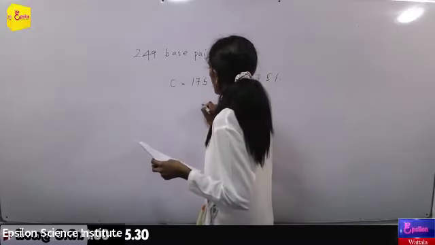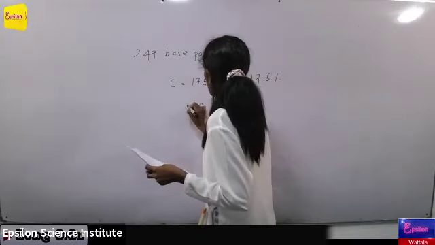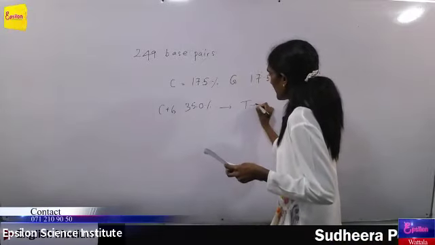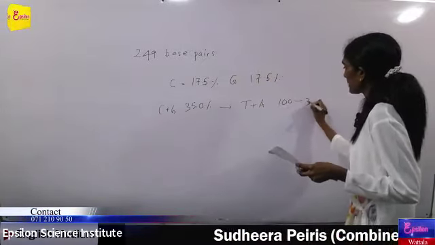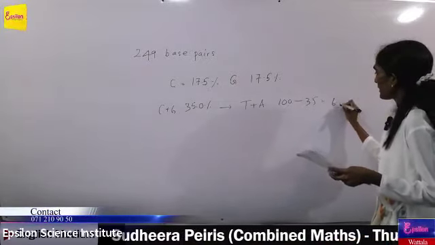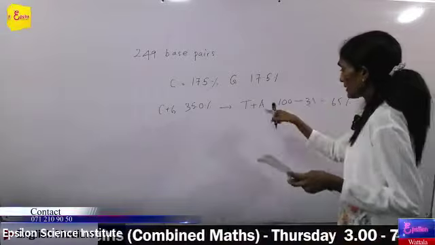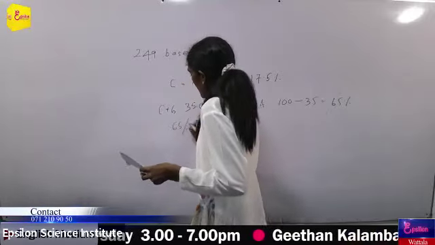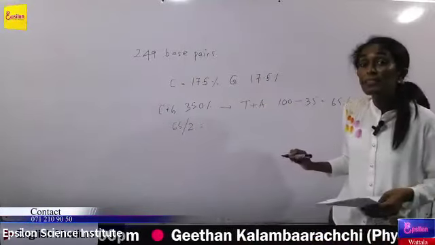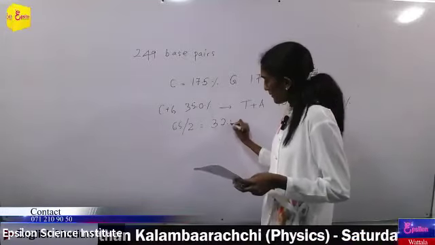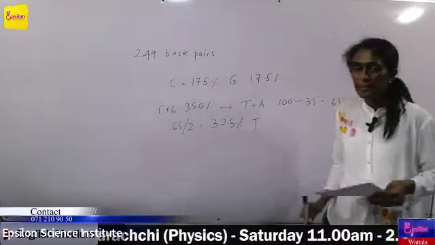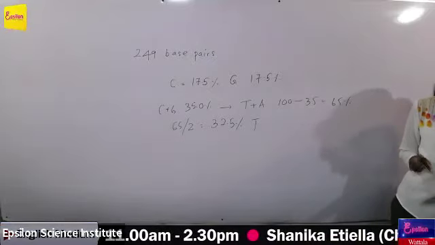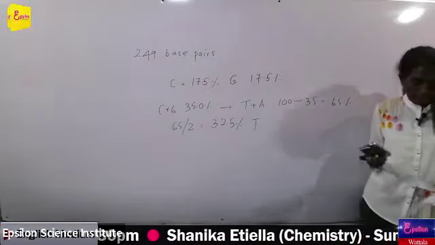If we add this together, you will get 35% C plus G. So the rest is T plus A. 100 minus 35 is 65%, so thymine plus adenine. 65 divided by 2 will give you 32.5%. This is the thymine percentage. Okay, got it? Very easy, no? All right. Write this down if you have not written correctly.